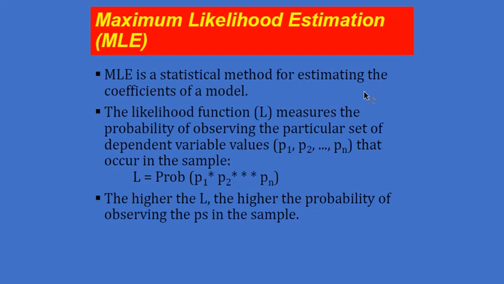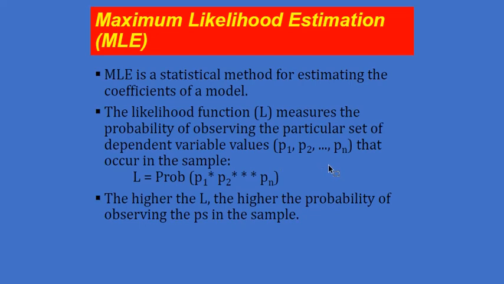The likelihood function, which is represented by L here, measures the probability of observing the particular set of dependent variable values p1, p2 up to pn, which occur in the sample.